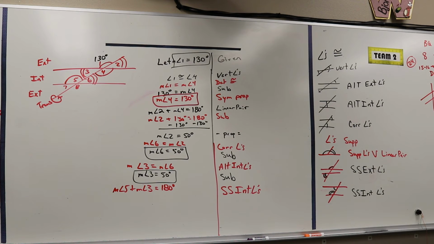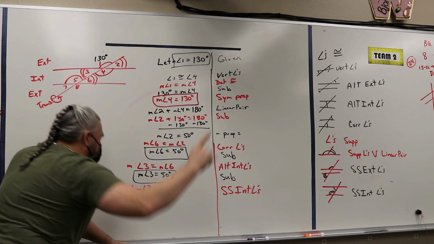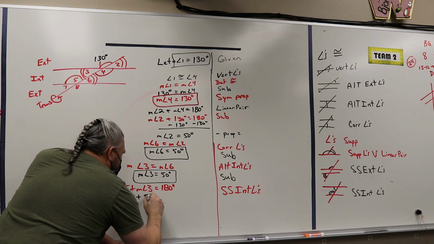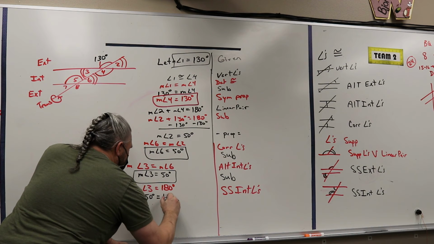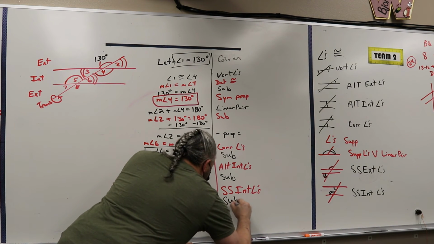So what do I have to do next? I have to plug it in. The measure of angle 5 plus 50 equals 180. Now what?